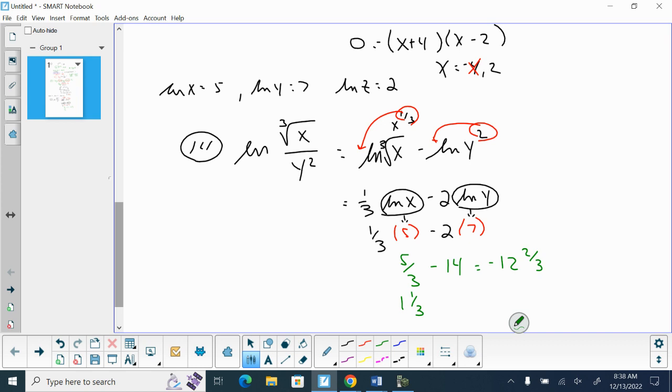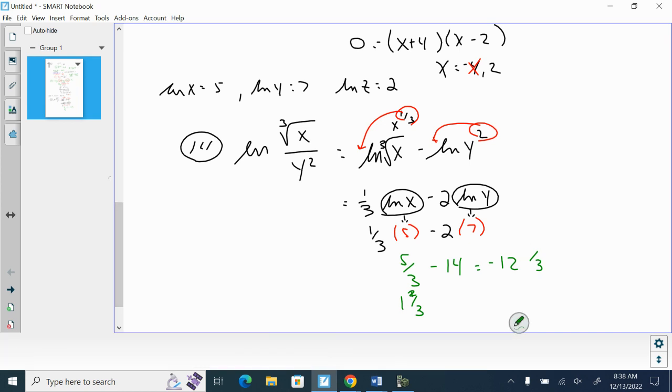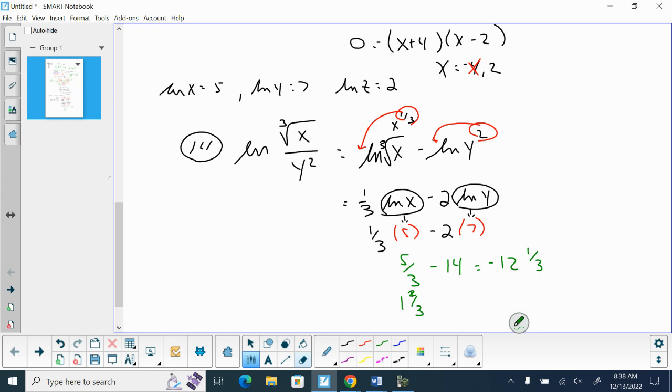I guess I was incorrect in the problem. Oh, 5/3 is 1 2/3, isn't it? My bad. There we go. That's a little better. I failed 5th grade math when I was making my mixed numbers. I couldn't do that wrong.